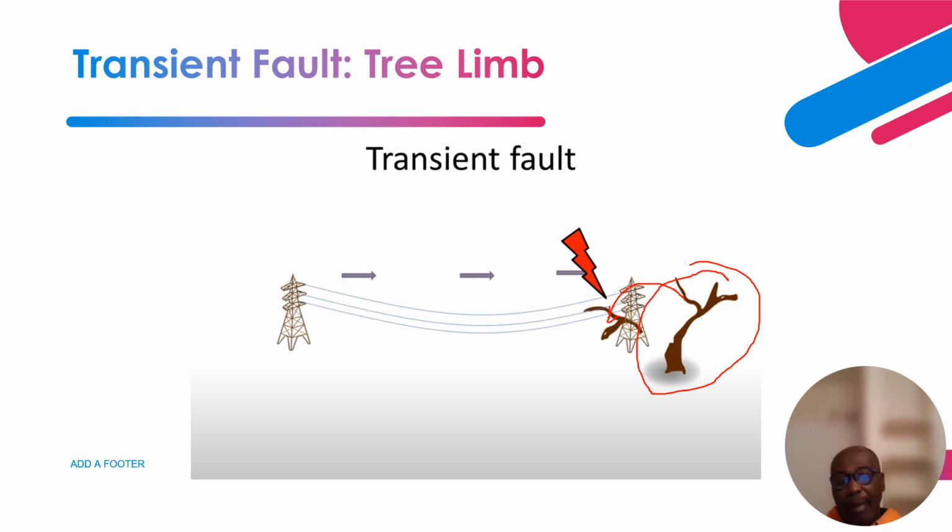Then after that, the tree limb can fall off onto the ground. So that is why they call them transient faults, because it's just a temporary fault that occurs and the tree limb falls off. Then the conductor reverts back to its original sag position.